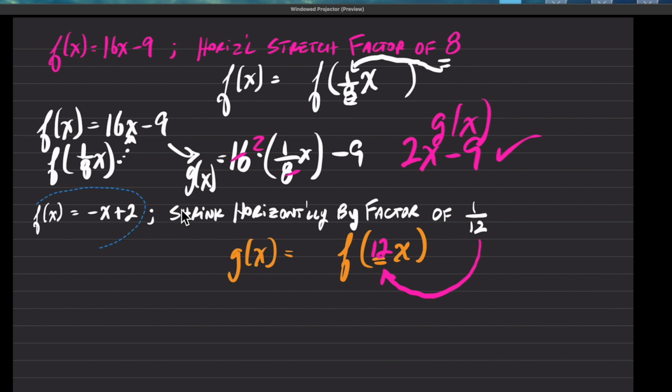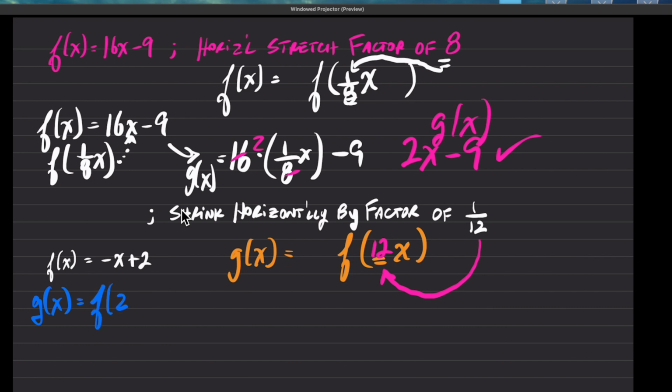Here's our f of x, which is minus x plus 2. Our g of x is going to be f of 12x. Everywhere we see an x, we're going to replace it with 12x. So this is going to be negative 1 times 12x plus 2.